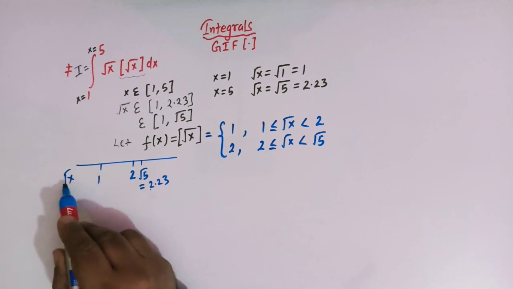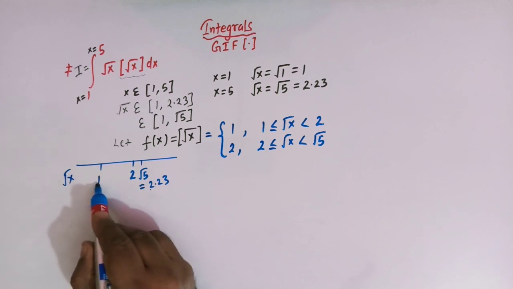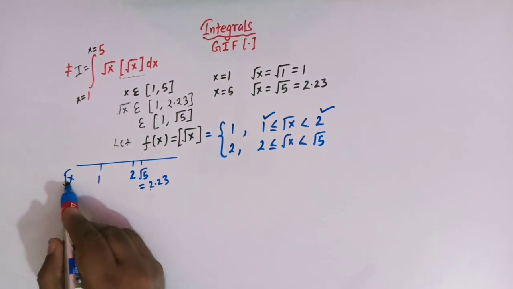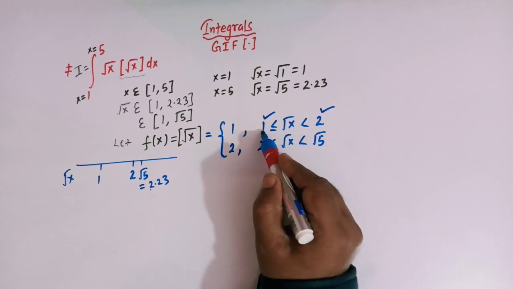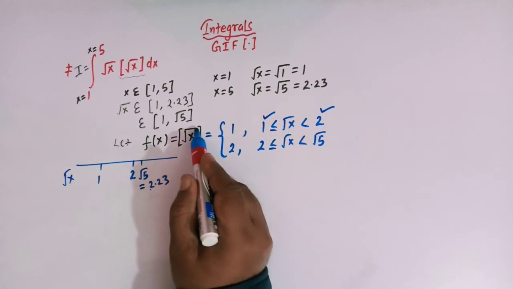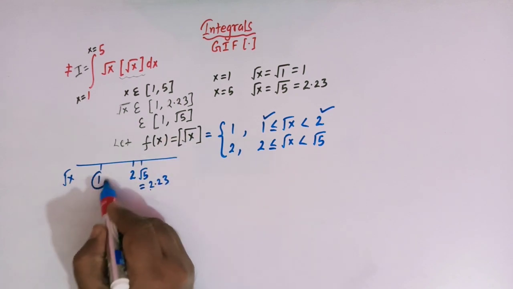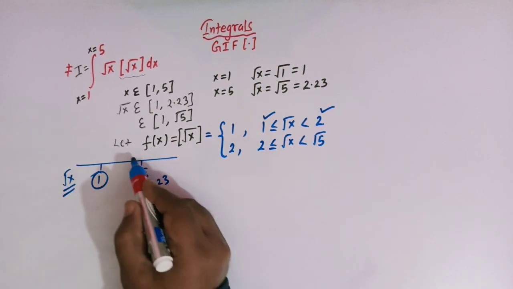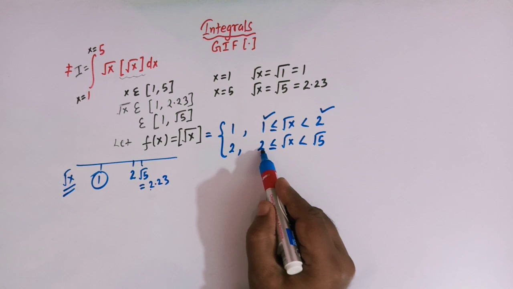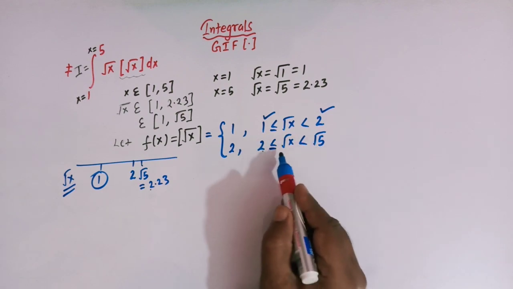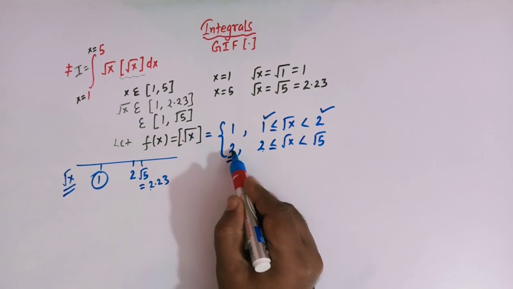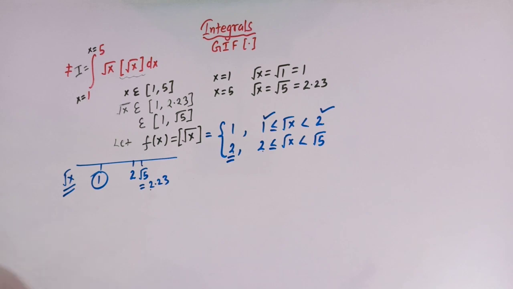When square root of x lies between 1 and 2, the greatest integer of square root of x is equal to 1. And when square root of x lies between 2 and square root of 5, the greatest integer of square root of x has the value 2 by the definition of the greatest integer function.